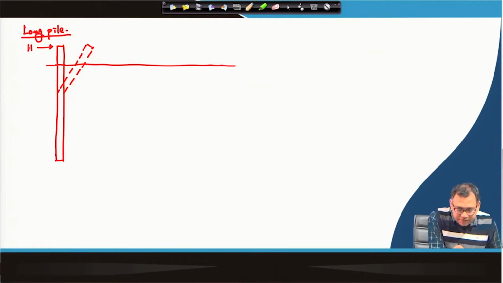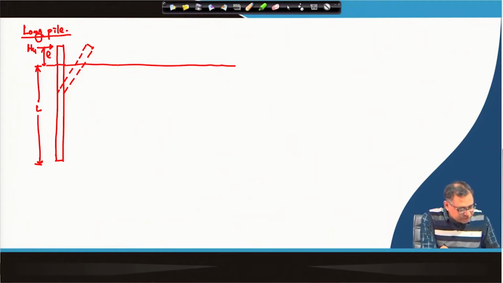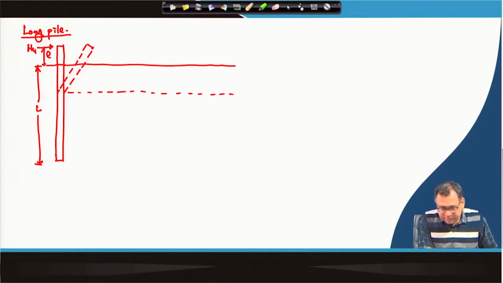So, this is H u and this value is E, this is L, fine, but the distribution will be slightly different, because here this is the point where maximum bending moment will occur. Okay. So, this is the point where maximum bending moment will occur, then it will go like this.